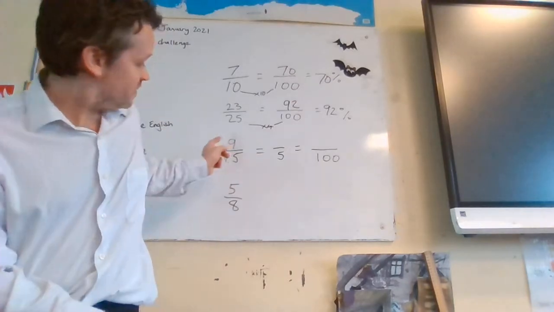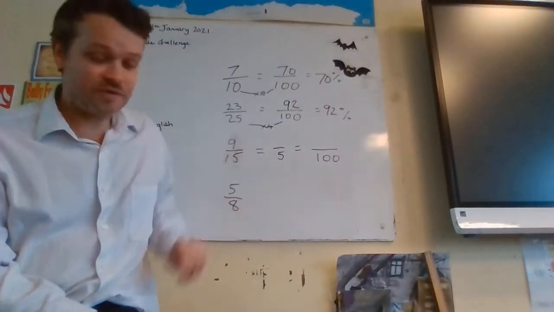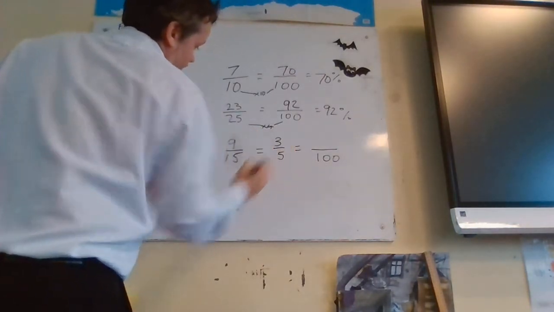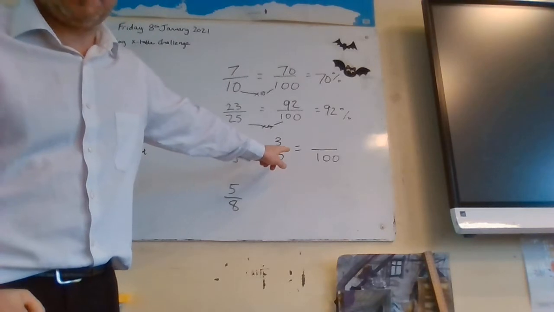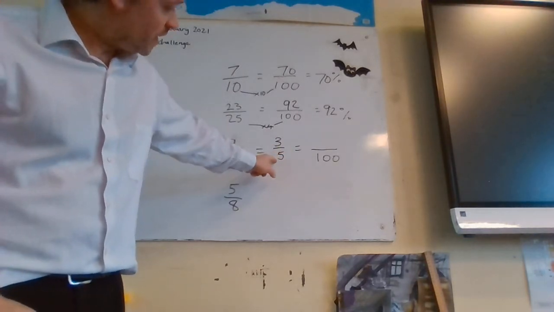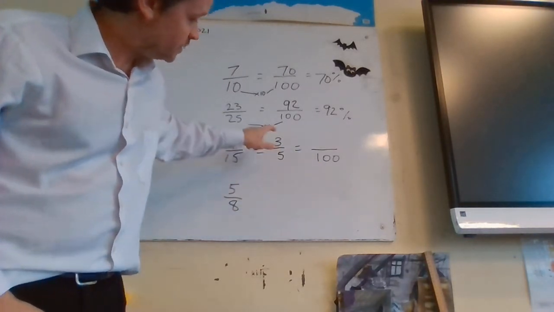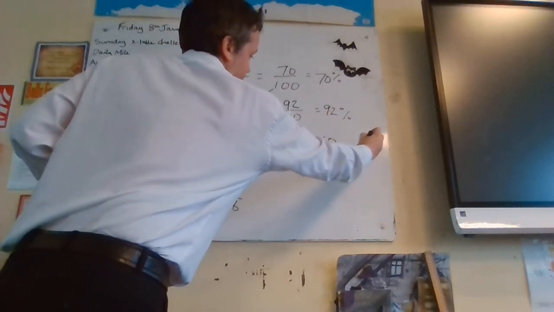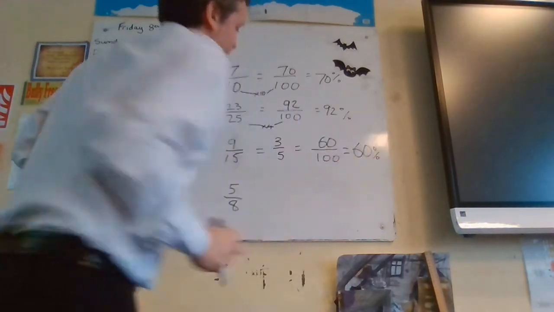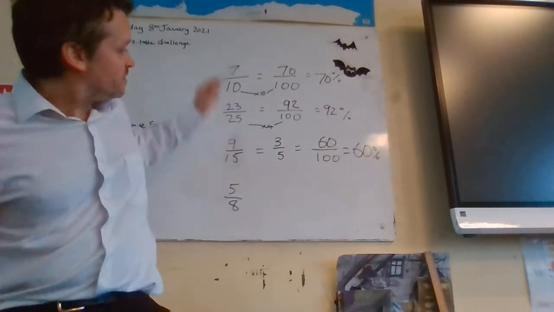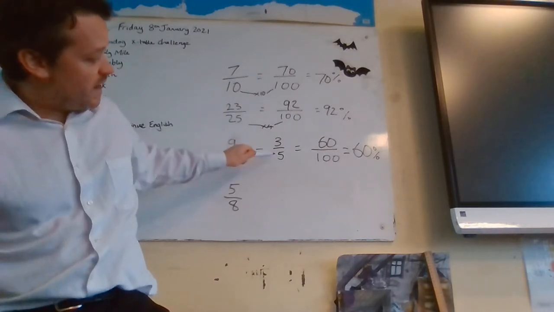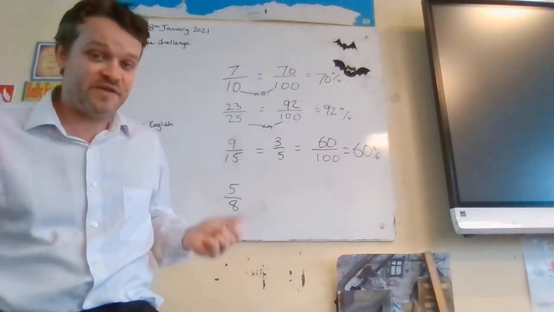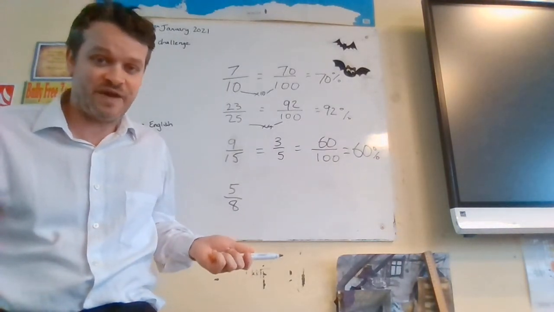However, if I turn 9/15 into a fraction out of 5, so if I divide it by 3, I have an equivalent fraction of 3/5. Now I know that I need 25s to make 100, so I'm going to times that by 20. So we end up with 60 out of 100, or 60%. So this is very similar to the method up here, only there's an extra step in there that allows us to get to 100.